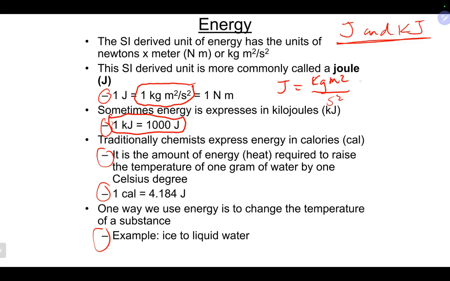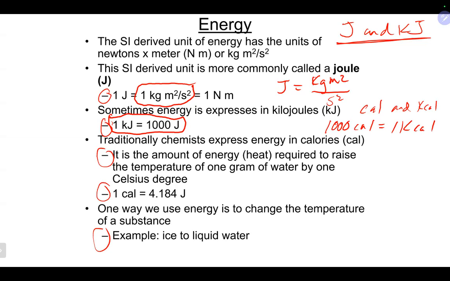We often use little calories and kilocalories as very common units. The relationship there is 1,000 little calories is 1 kilocalorie. That is the same sort of conversion as 1,000 joules is a kilojoule.